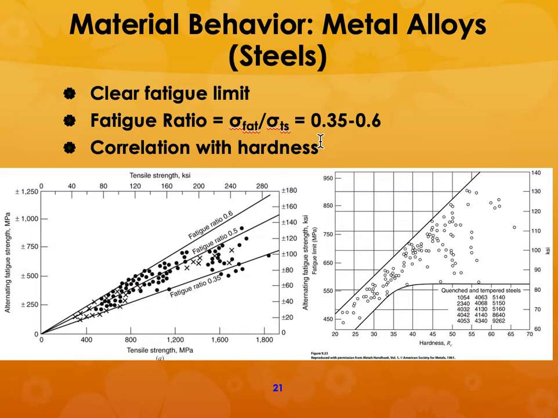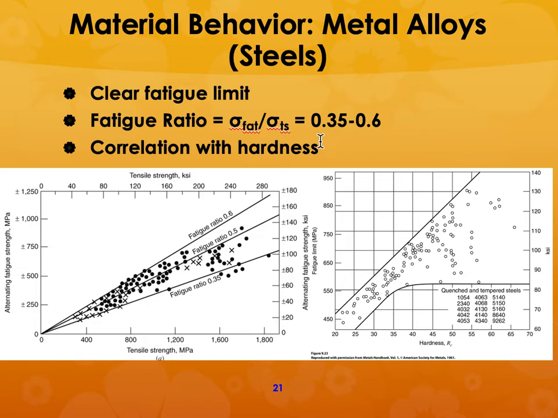So what is it that you can see in the effect of material composition? Most steel alloys have a clear fatigue limit, and the fatigue limit is a clear hockey stick if it is a BCC type of structure.